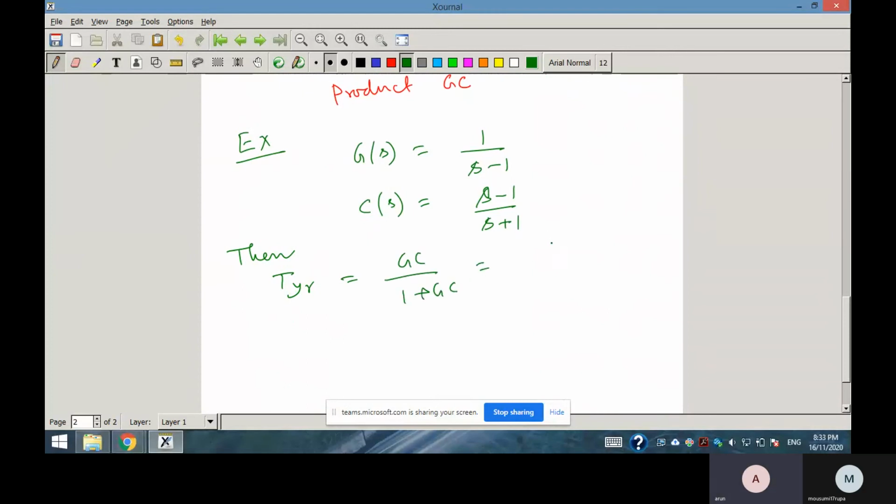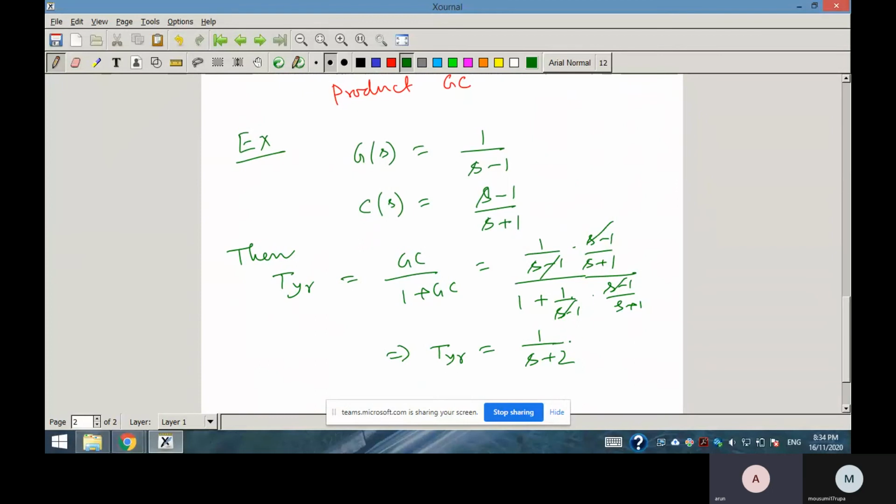So T_yr will be GC, which is (s minus 1) by (s plus 1) times 1 over (s minus 1), divided by 1 plus the same product. It will nicely get cancelled, and T_yr will be 1 by s plus 2.